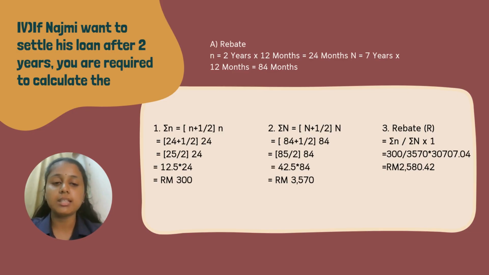Second one is the sum of big N equals big N times (big N plus 1) divided by 2. So the answer is RM 3,570. The rebate is the sum of small n divided by the sum of big N times the interest. So the answer is RM 2,580.42.